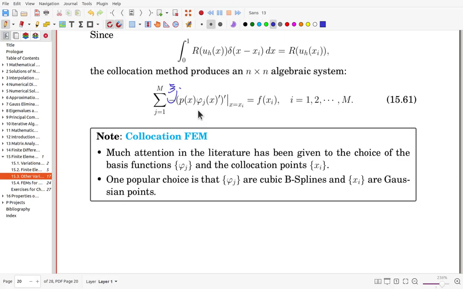That means you can find the unknown values psi j. Much attention in the literature has been given to the choice of the basis functions and collocation points. One popular choice is that psi j are cubic B-splines and xi are Gaussian points.